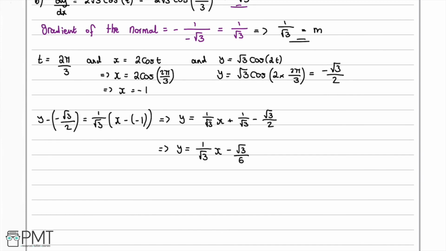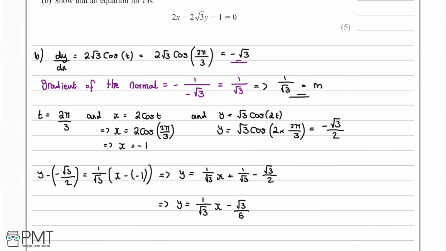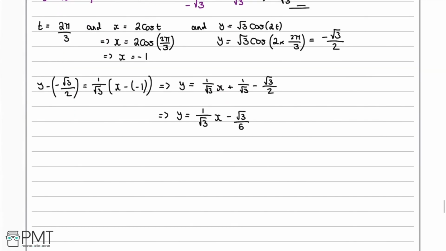So now we'll take a quick look back up the question and see what we're aiming for. So we were aiming for 2x, negative 2 root 3 in front of the y, and then negative 1 as a constant. So we need to think, what can we do to get this into this form? So we need to first get rid of all the denominators here and see what this will do for us. So multiplying everything by root 3, we'll first get that root 3y is equal to x minus 1 over 2. We'll then multiply everything by 2.